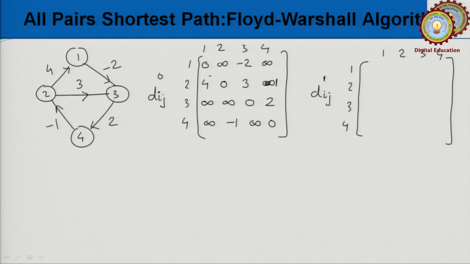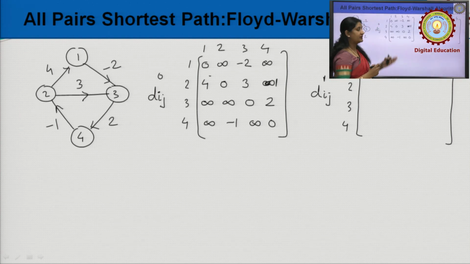Now here vertex 1 is an intermediate vertex, that means the shortest path from node 1 remains the same, it is unchanged. So copy the first row and first column, because the shortest path from vertex 1 remains the same.